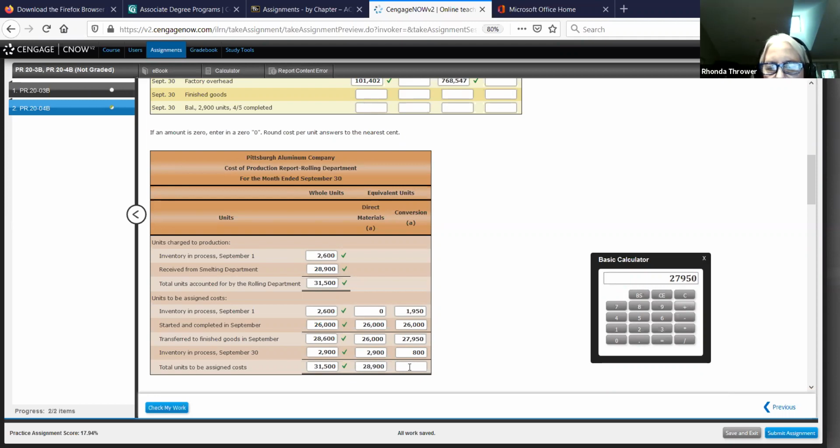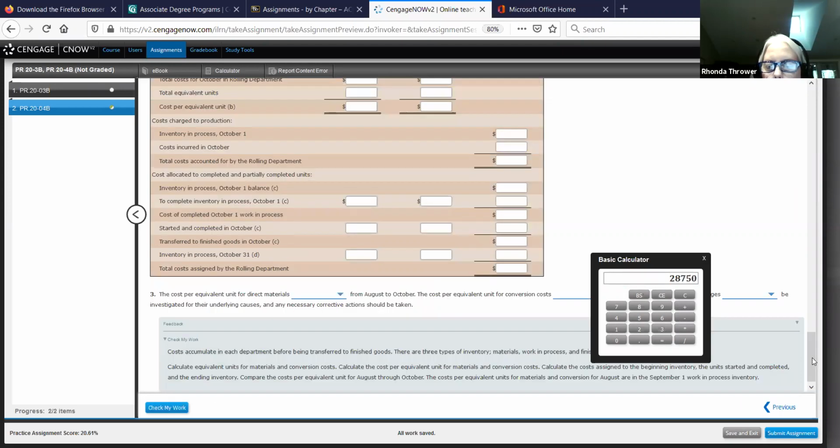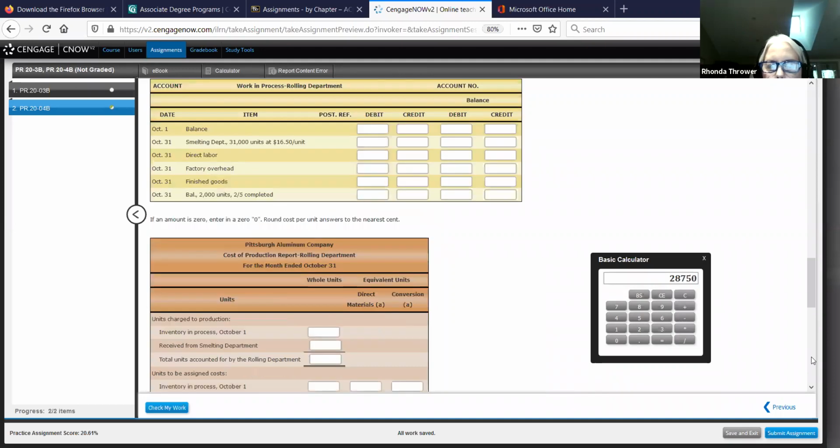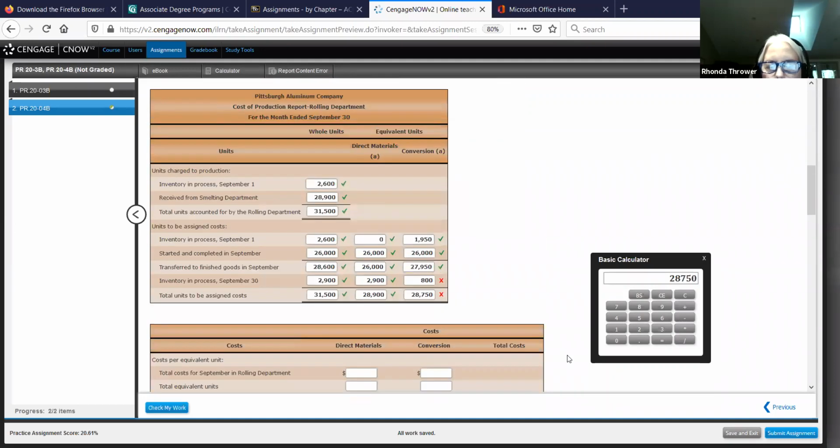And that's going to give me 28,750. And always check your work, because if this is wrong, the rest of your cost of production report will be wrong. And obviously, I did something wrong there.